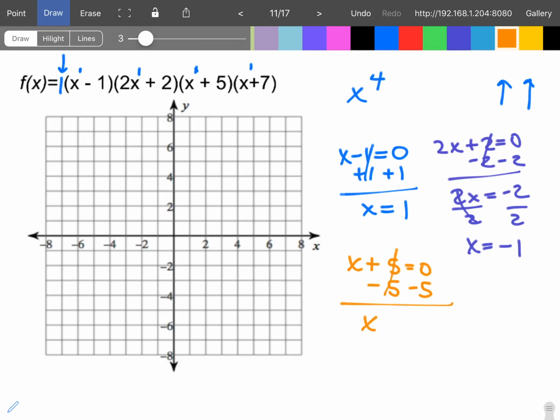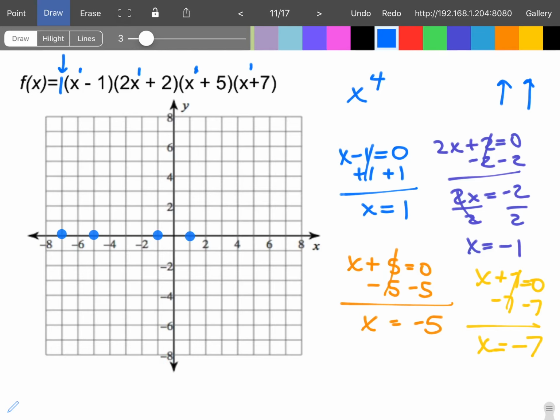But I think you should know how to solve equations pretty easily. Okay, now we've got our x-intercepts. All right, so we put a dot at 1, we put a dot at -1, we put a dot at -5, and at -7.